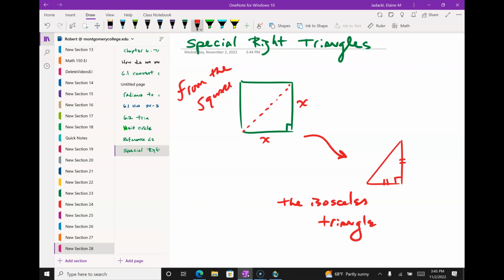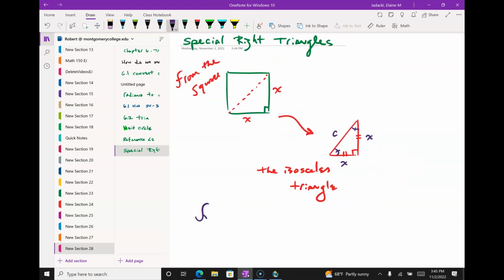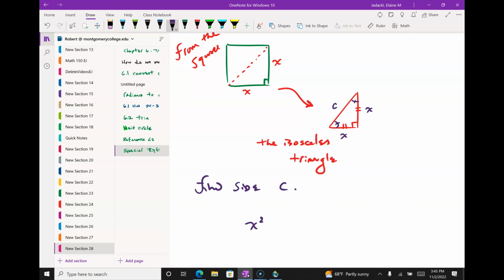Isosceles triangle, yes? Which means the base angles are congruent, and that means also the sides are congruent. So this would be side X and this would be side X. How can we find the hypotenuse, side C? Yep, Pythagorean theorem, right? X squared plus X squared should equal C squared.